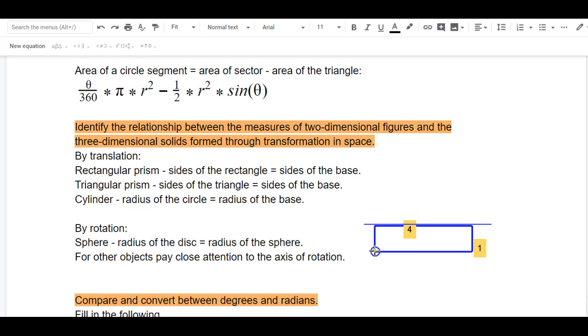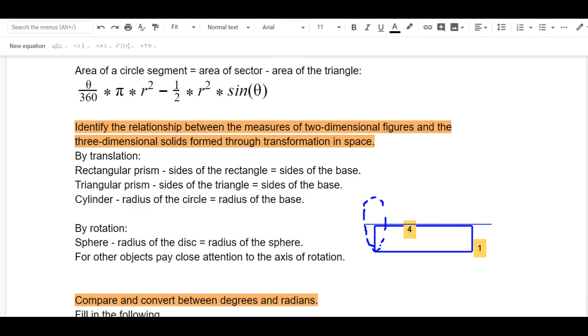So basically, if I'm rotating, I am like going around in a circle, right, like this, and coming back around. That's not very good, but you get the idea. Well, then 1 would be my radius, right, if I rotated it this way. If I put the axis right in the center, then it would be half of this, because 1 would be the full diameter.